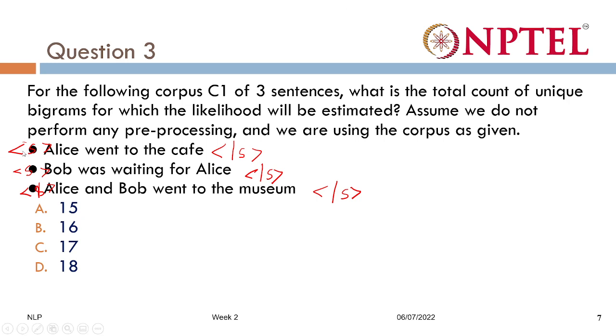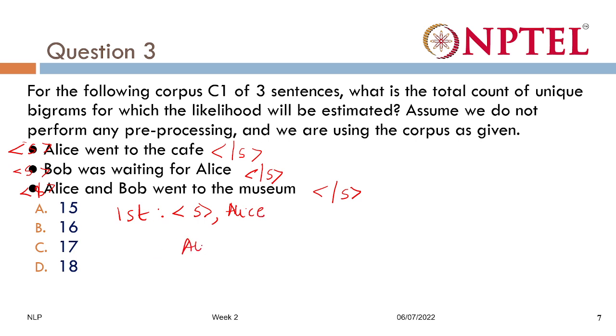So what are bigrams? Bigrams are like two words taken at a time. So we start with this. I hope you all have considered the start of the sentence token. How can we create our bigrams for the first sentence? You can think of it like this: S, Alice is your first bigram.